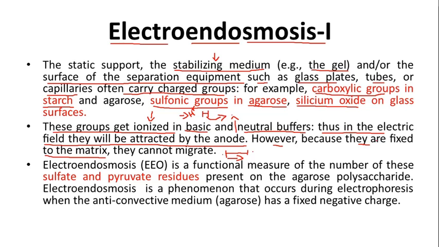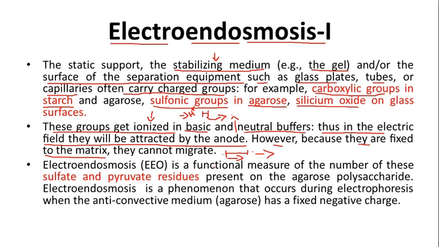Silicon oxide groups are fixed in the glass surfaces, so they can never migrate. But even though the anode attracts the ionized groups, it looks like a propagated group.